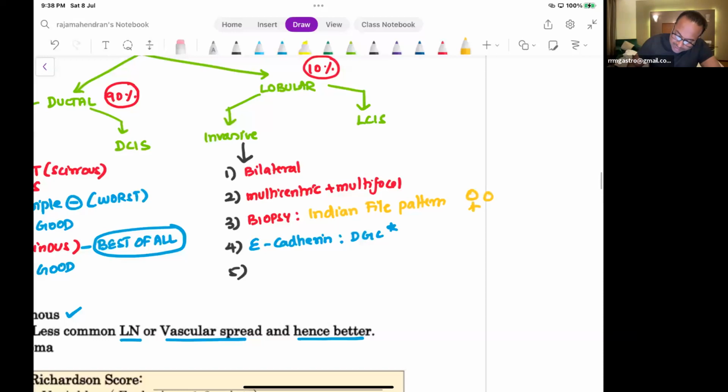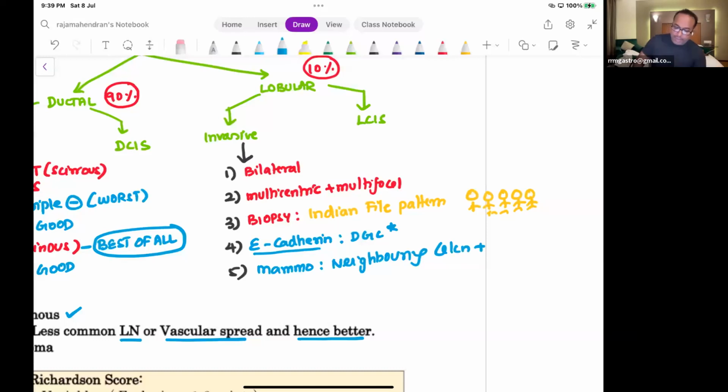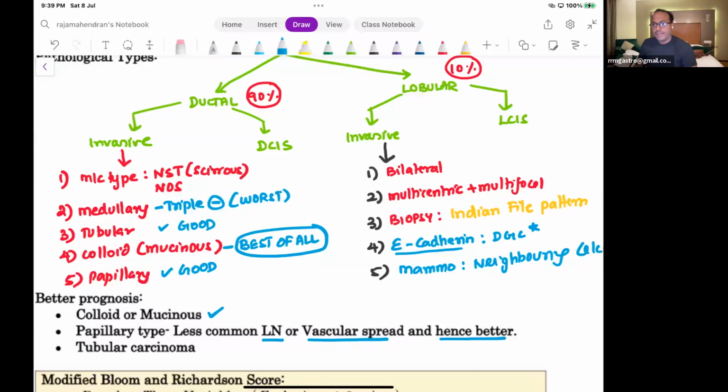E-cadherin is positive in these cases, lobular cancer. And don't forget, mammography shows neighboring calcification in lobular cancer cases.